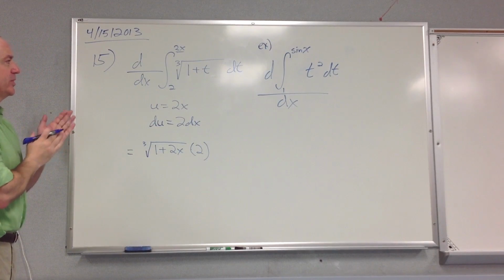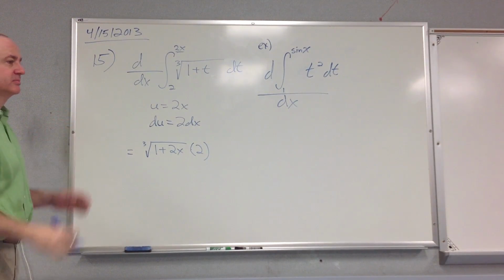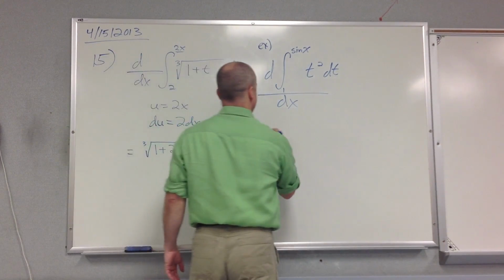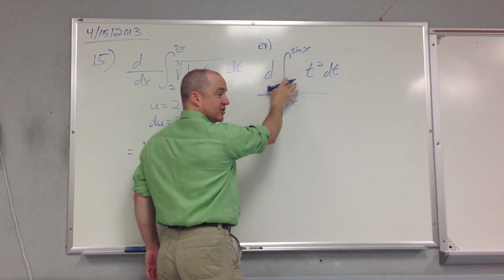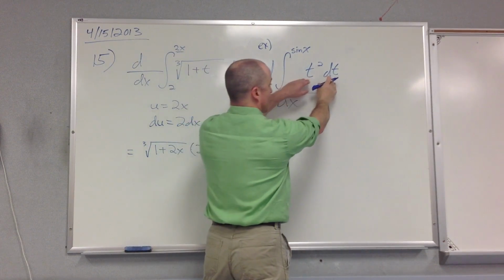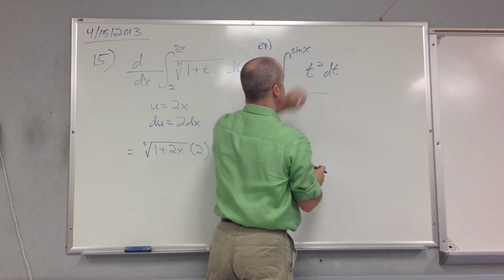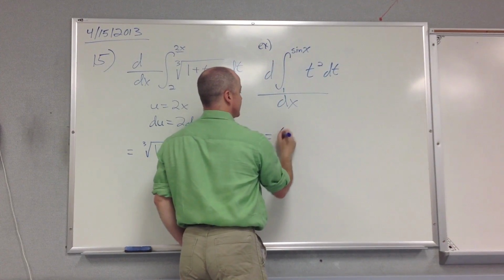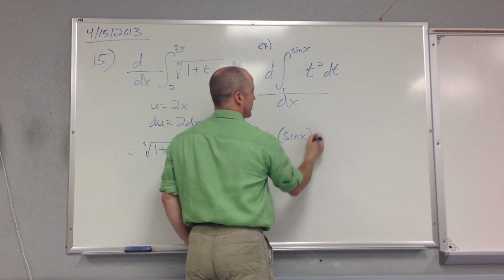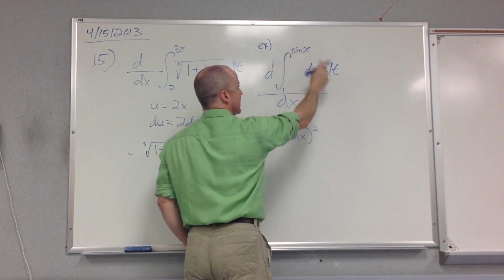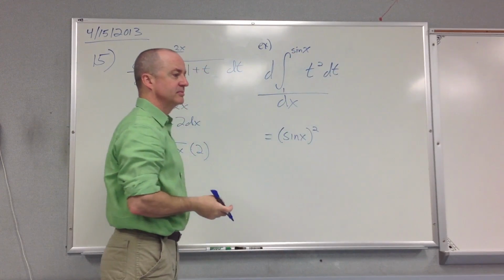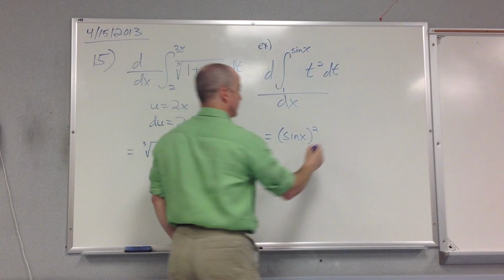What would t turn into? We know the integral and the derivative are going to cancel out, so we're not actually going to do anything. We're going to wind up with this function again. But t becomes sine x, so that's sine x squared. If t is sine x, what's the derivative of t? Yep.